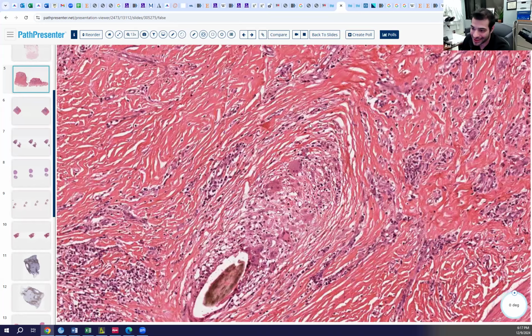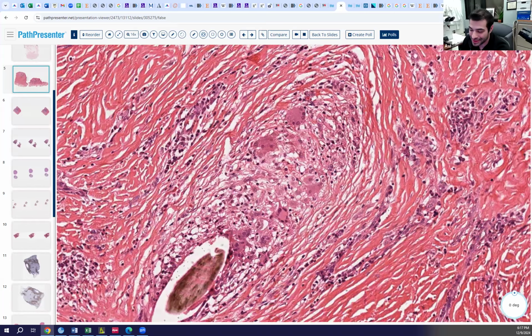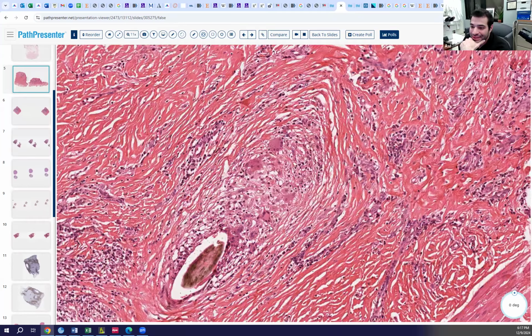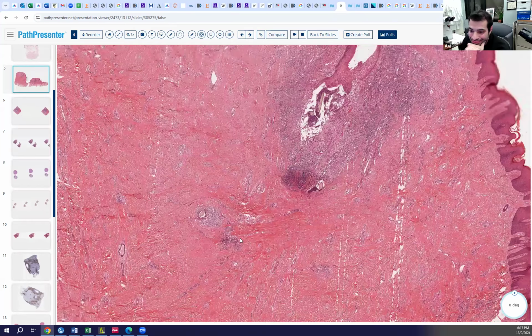There's also a reaction. What kind of cells are these? Oh, you're getting at follicular nuclei. Well, we're getting there. Multinucleated giant cells. Yeah, they're reacting to the foreign material. And describe the collagen all over here.